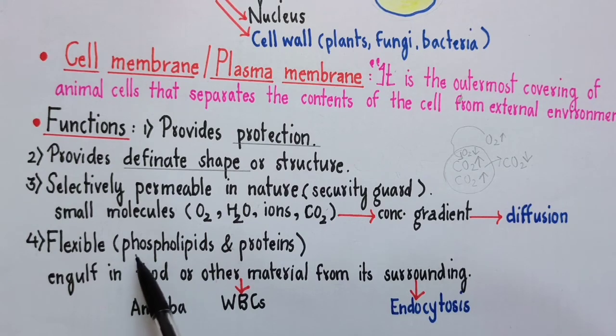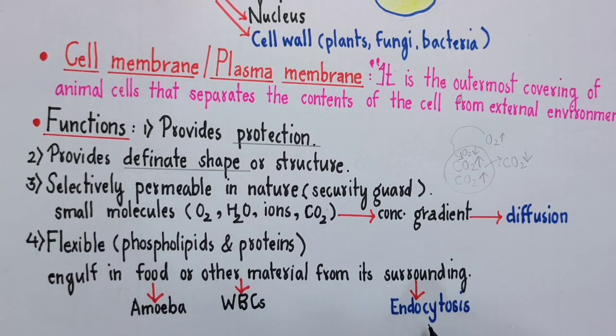Our plasma membrane is largely made up of a special type of lipid called phospholipids. Other than this, it has proteins. Now, this flexibility allows our plasma membrane to engulf food and other materials from the surroundings, and this process is what we call endocytosis. So what is endocytosis?